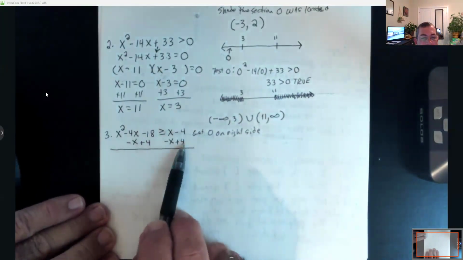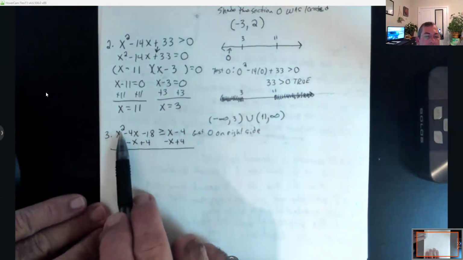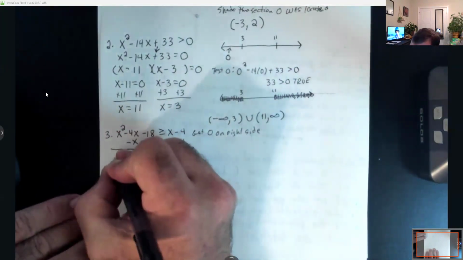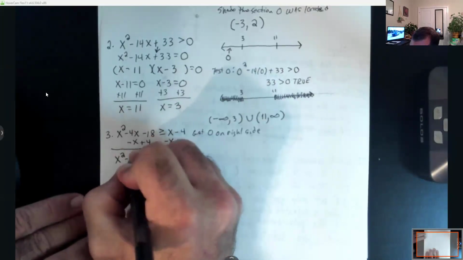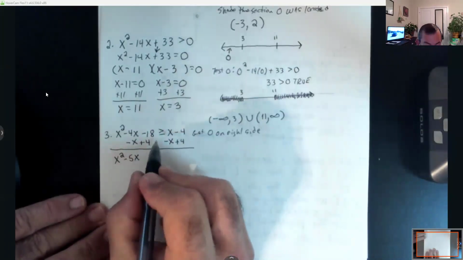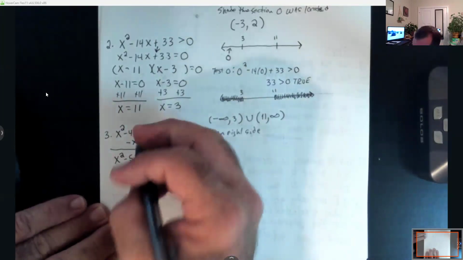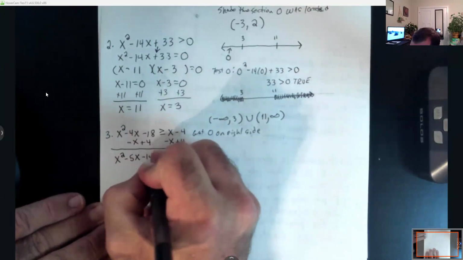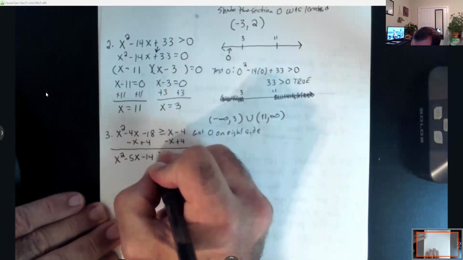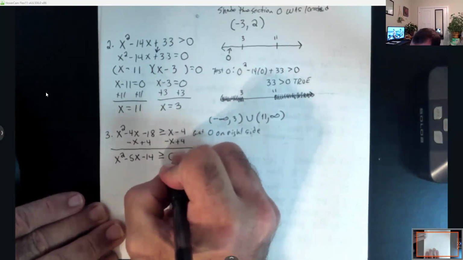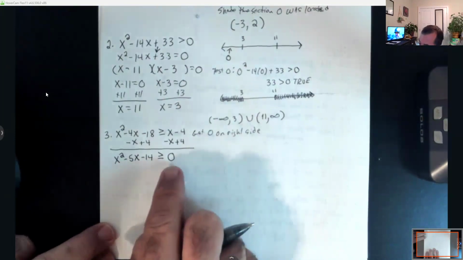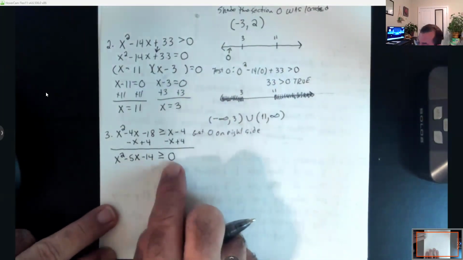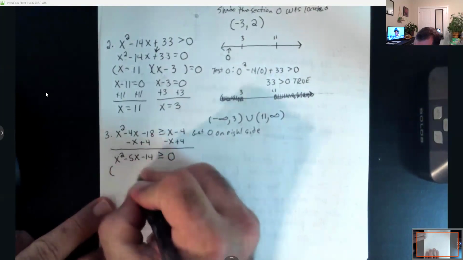Negative 4, you add 4 to both sides. So that'll bring down this x squared. Negative 4, negative 1, give me negative 5x. Negative 18 plus 4 gives us a negative 14. All that will now be greater than or equal to 0. So we now have a 0 at the end.